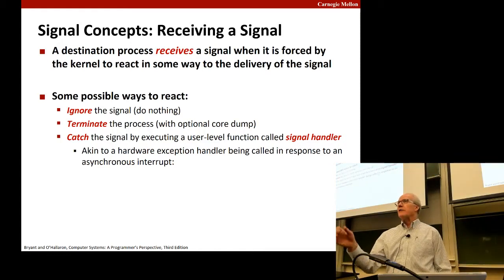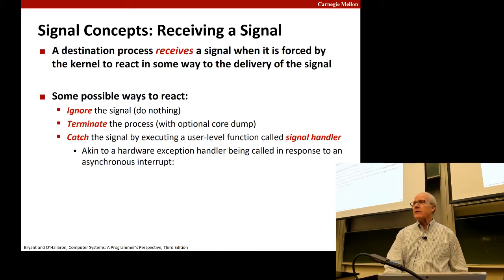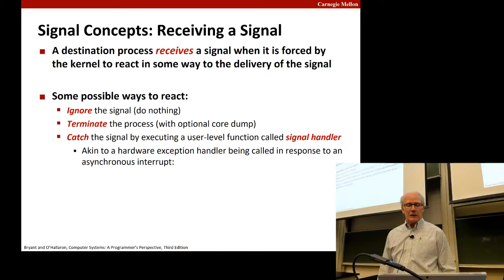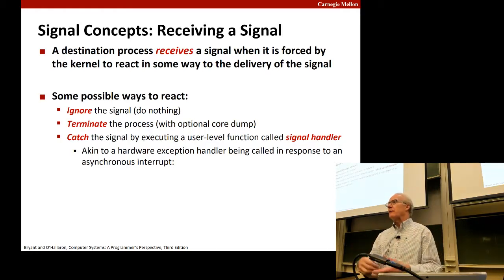Another is to just terminate this process. And a third is to execute a signal handler, which is a special piece of code that you as a programmer can set up to handle particular types of signals for this process. And this is where it gets interesting: you can write signal handlers that tell the operating system how to handle different types of signals that might arrive in your program.